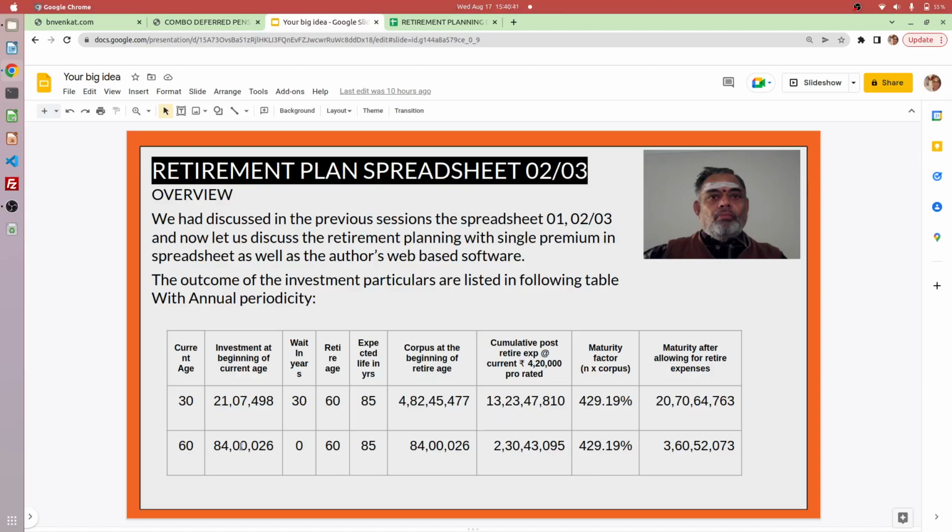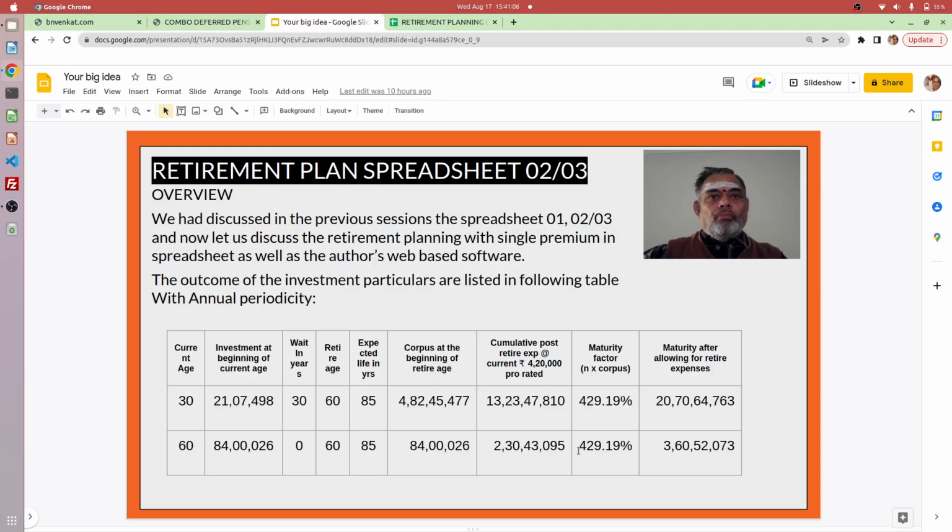In case of a 60 years entrant, that is, the person is investing today itself, the waiting period is 0 years. In such a case, he has to invest 84 lakhs, and the maturity factor is again 429.17, the same factor, and the retirement period is 25 years, the same.